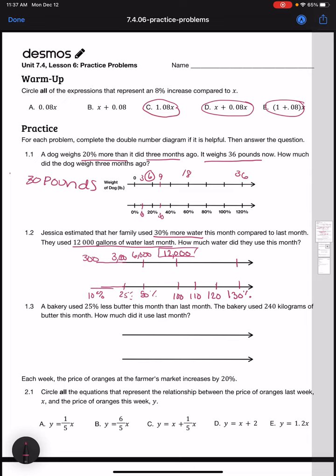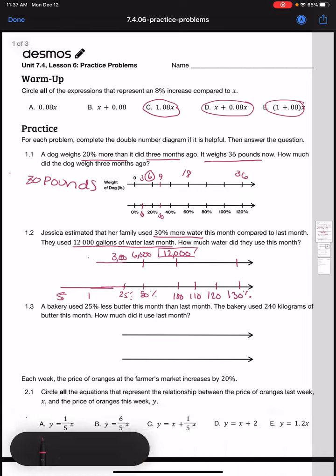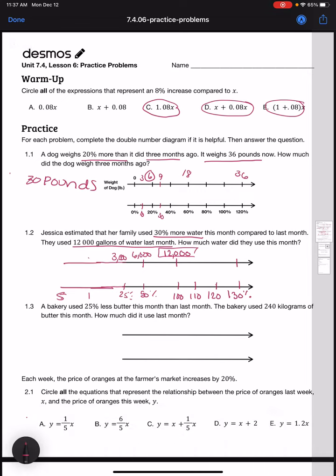I'm sorry. So let's go down to 5%, that'd probably be easier. 25 divided by 5 is 5, I'm sorry, 300 divided by 5 is 60. So then 10% would be 120. And I want to get to 30%, so I could do 120 times 3, which would be 360. And then I'm going to add it on to 1,200 gallons.